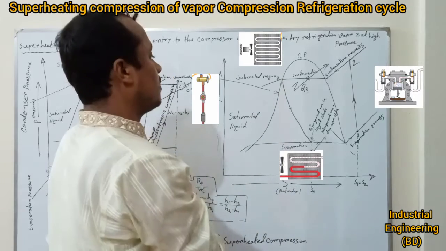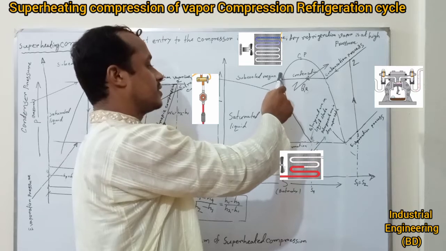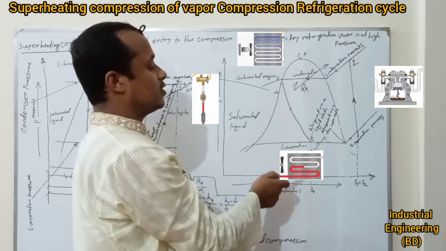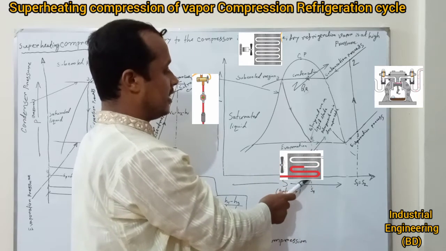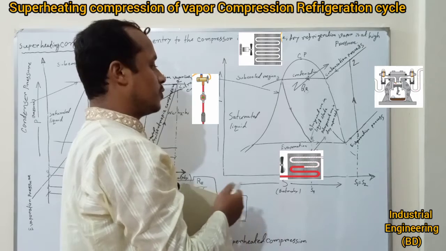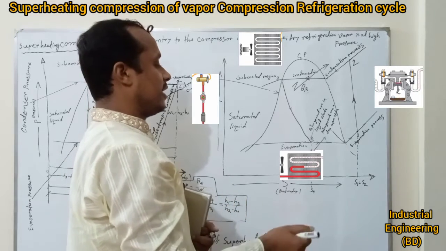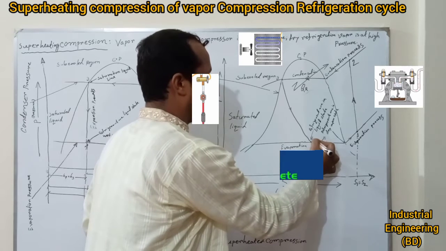Then it passes through the expansion or throttling valve, where temperature decreases and entropy increases. After the expansion process, the refrigerant is at point 4.